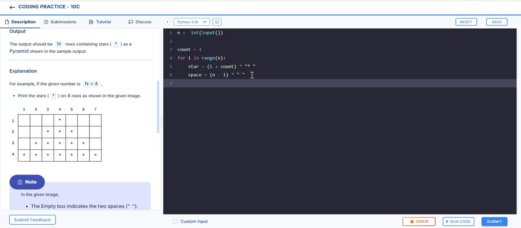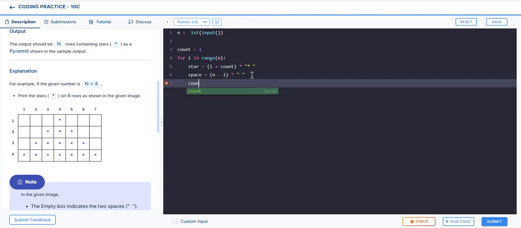Then we have to update the count value. If you don't update the value, count value will be 1 until the range n. If you give 1, the star count will not be increasing.